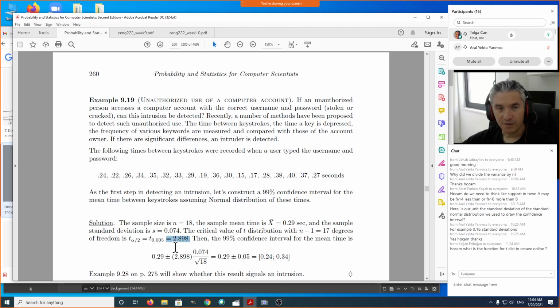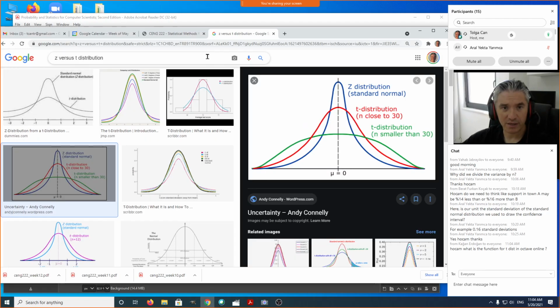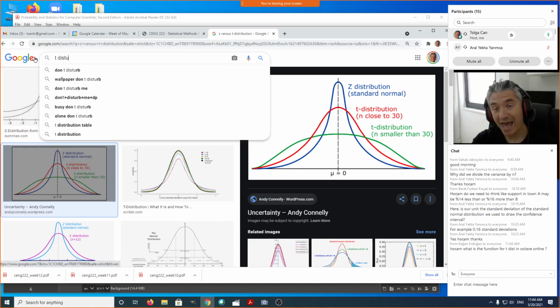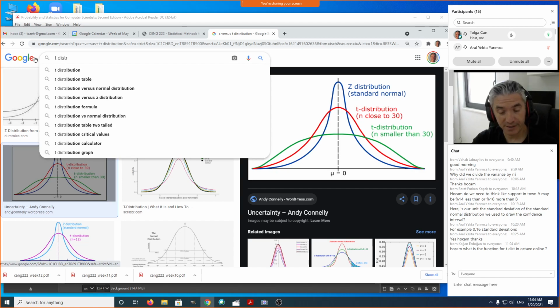Just like the normal distribution, the t distribution has a PDF. Let's take a look at Wikipedia. T distribution, I'm sure it has n, the degree of freedom, in its function.